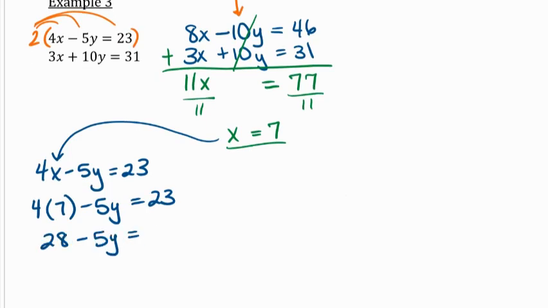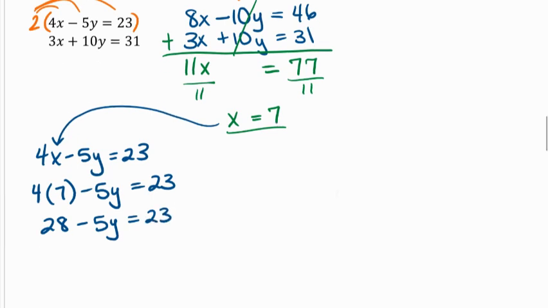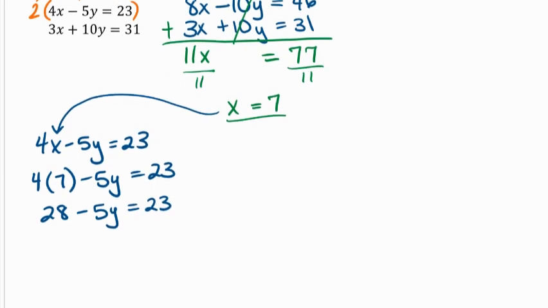Minus 5y equals 23. And then to get y by itself here, I need to get rid of the 28. So I'm going to subtract it from both sides. And then we get negative 5y equals 23 minus 28, which gives me negative 5.